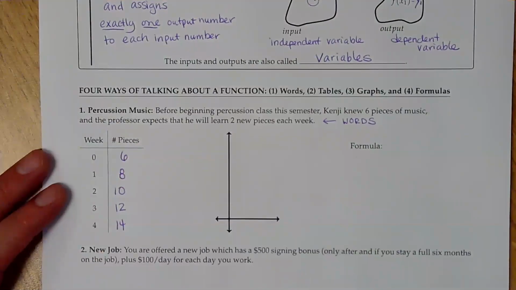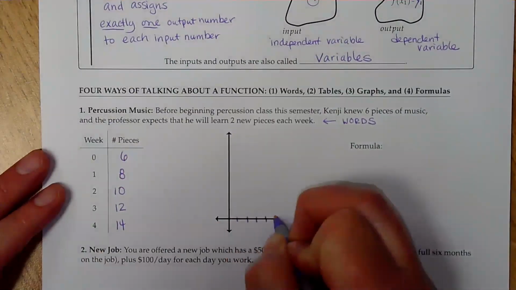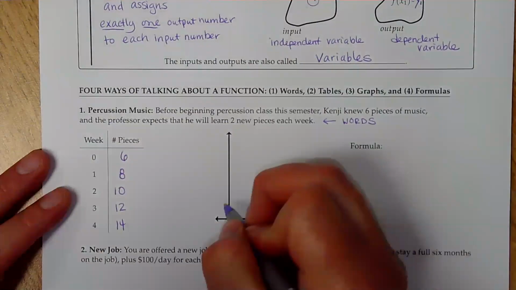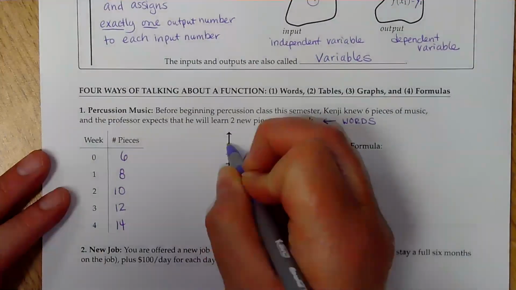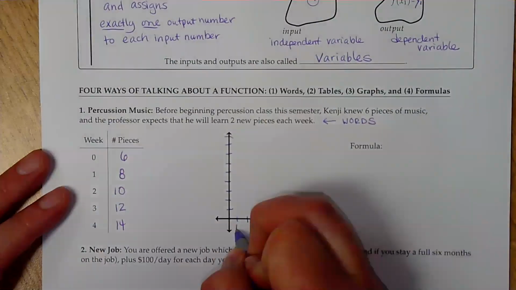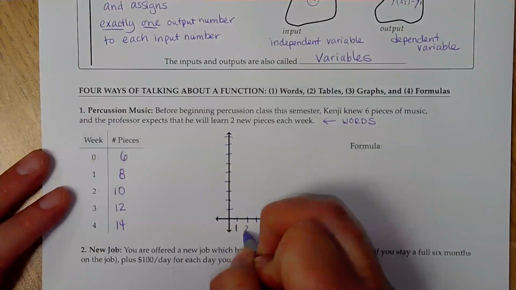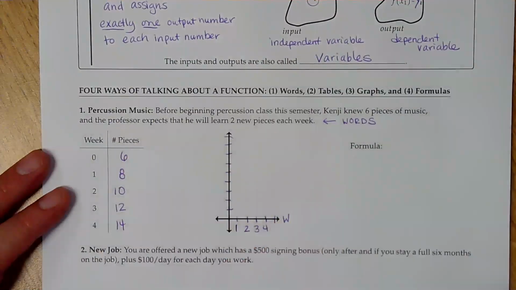Now let's take a look at this graph. So we have some boxes on here, which look like they are a little bit difficult to pick up on the camera. So let me fill in these tick marks here for you. Okay, so along the bottom, I'm going to go by 1. So this is 1 week, 2 weeks, 3 weeks, 4 weeks. So we'll put our weeks over here on our horizontal axis.